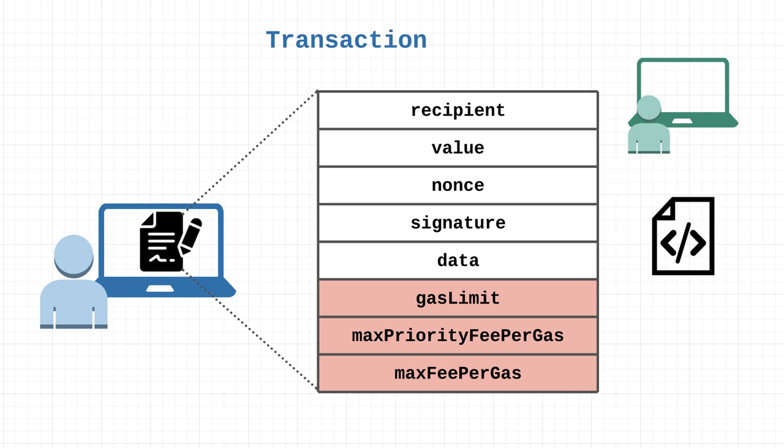However, just to complete this tutorial and not leave any gaps in your mind, I will mention quickly a brief overview of what gas is. So gas is essentially the fee required to process a transaction, and it's based on how much computational effort is required by the network. Now, for simple transactions like a transfer of Ether from one person to another, the fee isn't much.